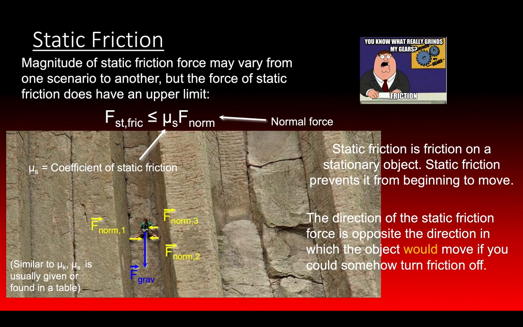So in this case, the person is pushing on the walls of the rock at the location of the person's right hand, right foot, and left foot. Because the person is pushing on the rock, by Newton's third law, the rock is pushing with an equal but opposite force on the person. And this is the normal force on the person.